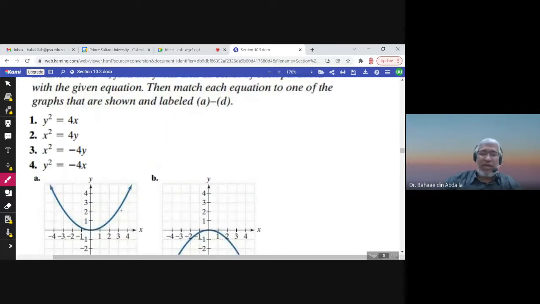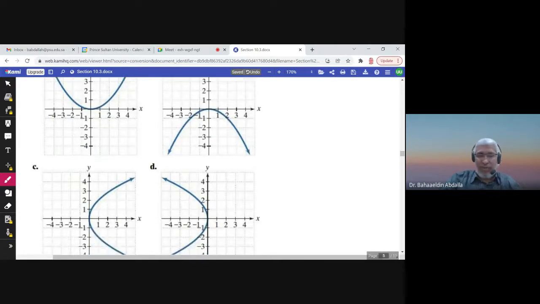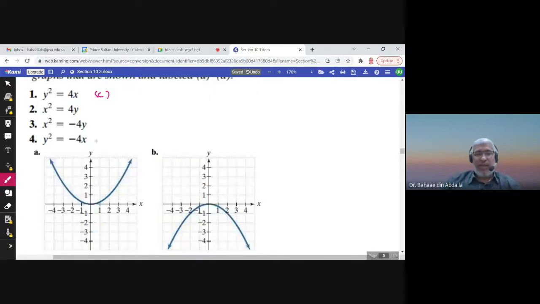So immediately I can say that the graph of equation 1 is C. y squared is negative, opens to the left, so the graph is D. x squared is positive, the graph opens up and down. 4 is positive, so the graph here is A, and the graph here is B.